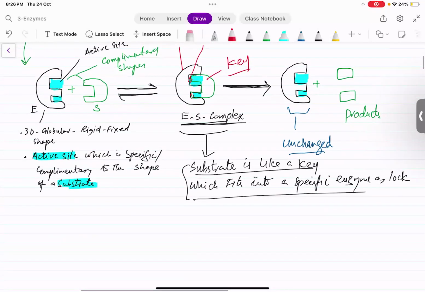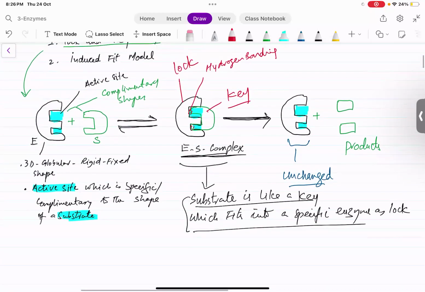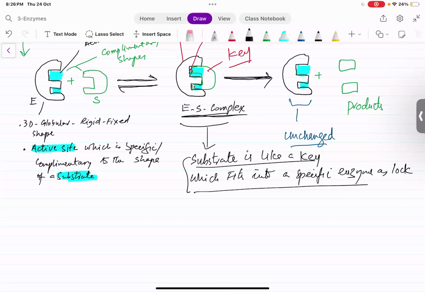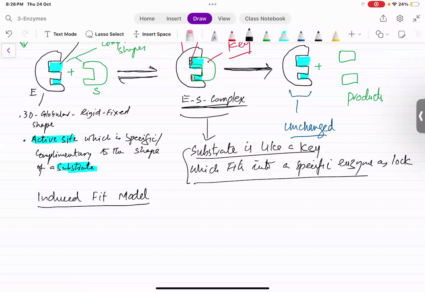Now let's see the induced fit model and how it differs from the lock and key hypothesis. See, according to the induced fit model, an enzyme does not have a rigid shape.